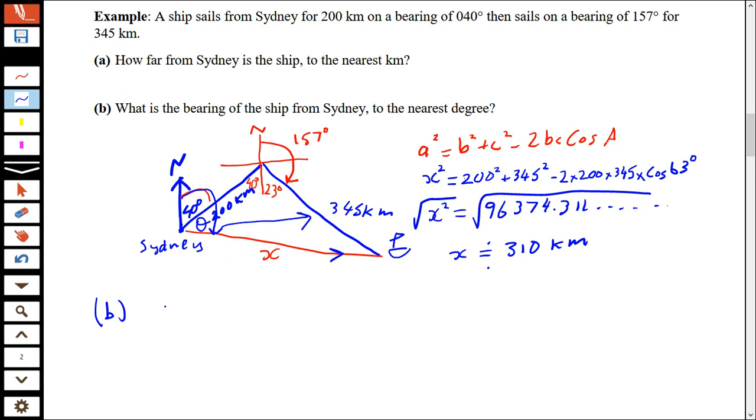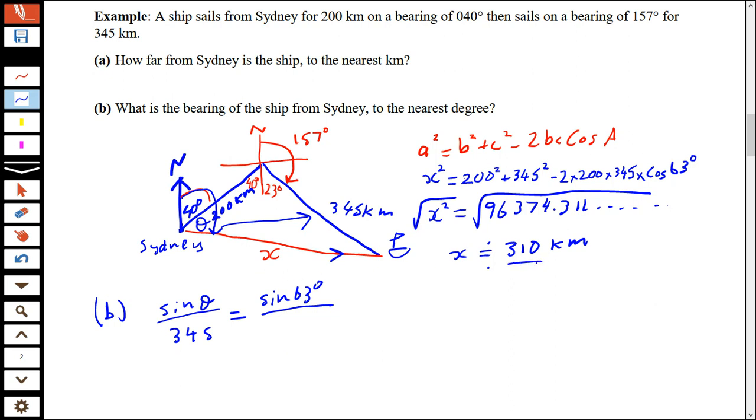So I can go sine theta divided by 345 equals, now the only other angle that I know is 63. So I'm going to have to go sine 63 degrees divided by, now I'm not going to put 310 in there. 310, how long is x?